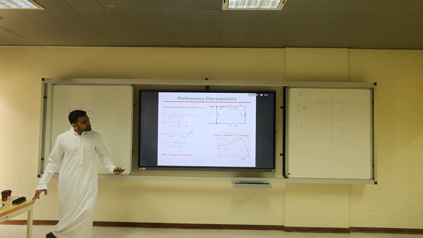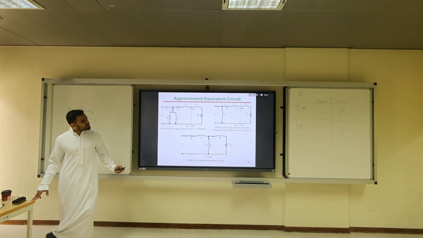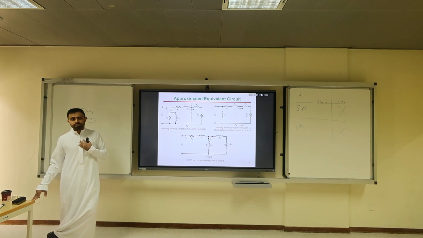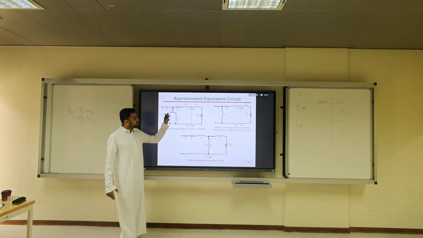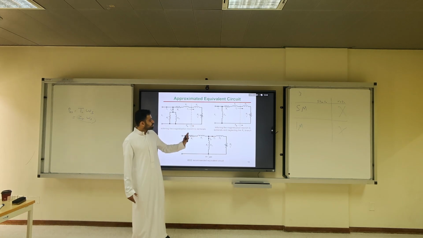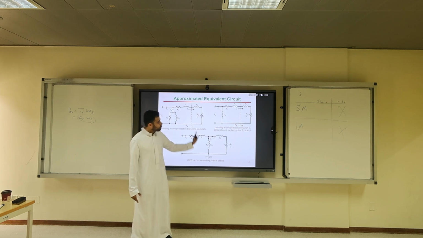The other thing that we talk about is the approximated equivalent circuit. I personally do not like the approximated equivalent circuit. I don't like them, so I'm not going to explain them. But if you get stuck in the exam, you can remove RC, for example. You can move the parallel branch all the way here.